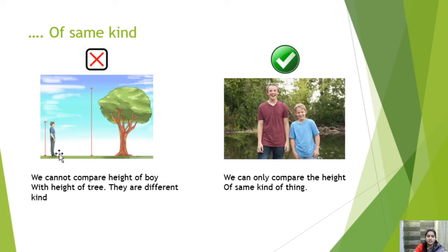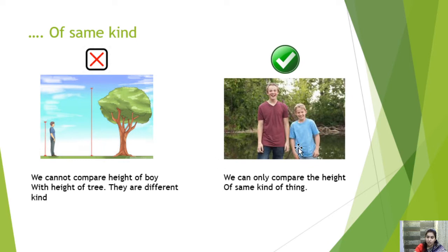No, because humans have a fixed height, whereas the biological components of a tree, of a plant, are different. So this comparison is not feasible. But if I am comparing the height of these two boys, that he is taller than this boy, this is a feasible comparison. This is a good comparison.